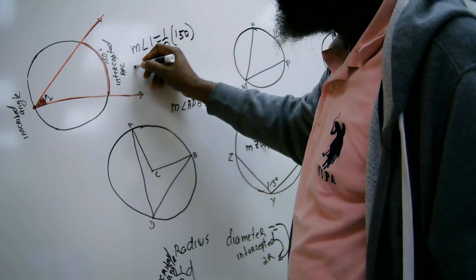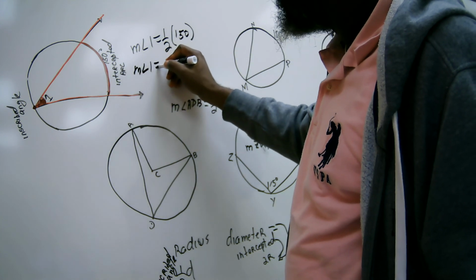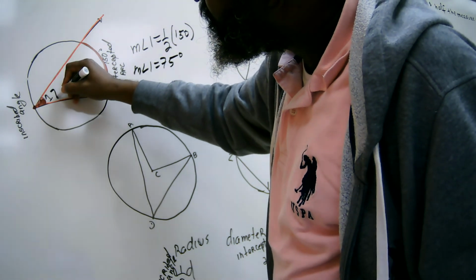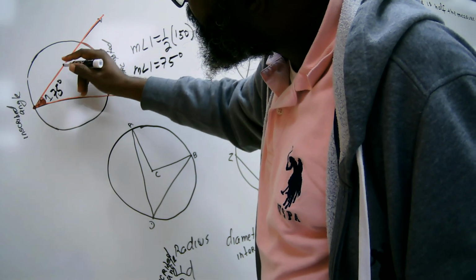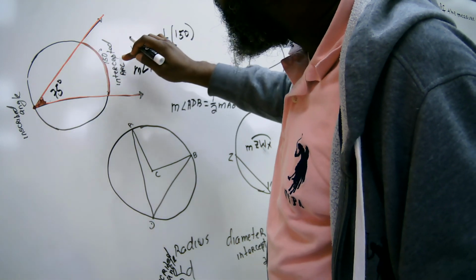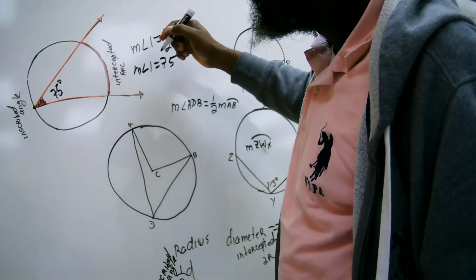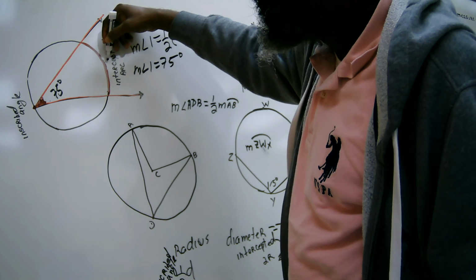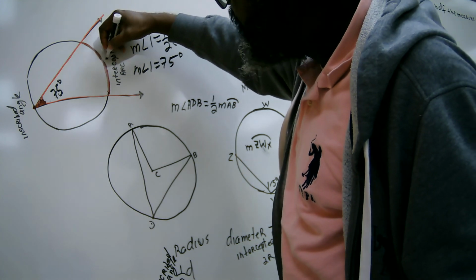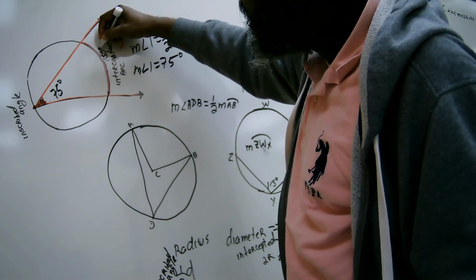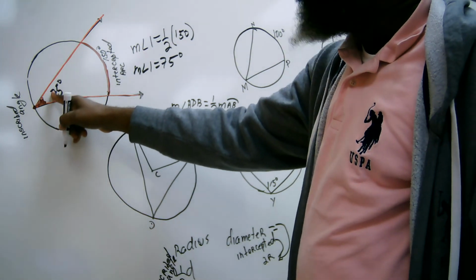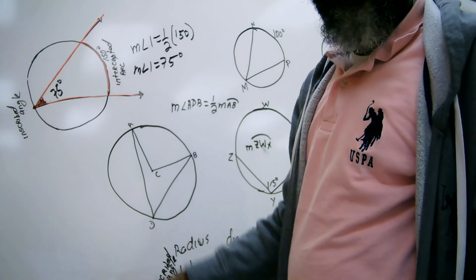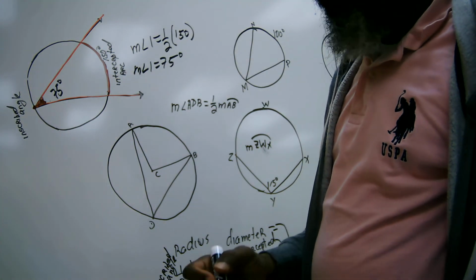In this case, the measure of angle 1 will be 75 degrees. Same thing: if I don't know the intercepted arc, and this is my inscribed angle, I multiply by 2 to find the arc. Vice versa. It's either half of the intercepted arc, or the intercepted arc is 2 times as much as the inscribed angle.